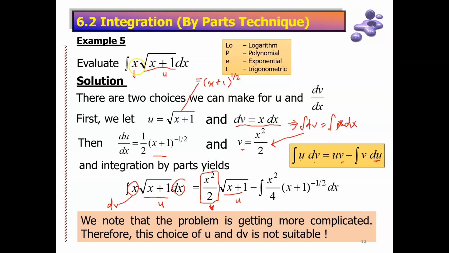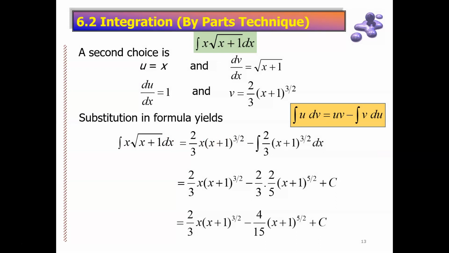So the second choice is that we're going to choose this as our u, and the whole thing over here is going to be our dv. So u is equal to x.